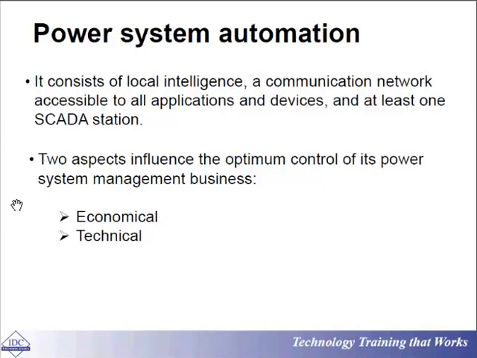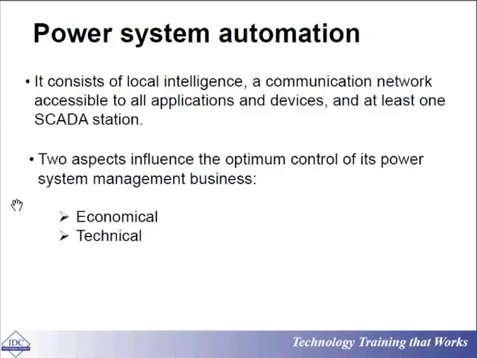Technically, you have got a lot of choices available. But in terms of what kind of comms network is available in that area, your choices could be different in terms of price.